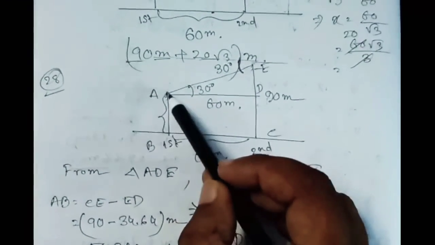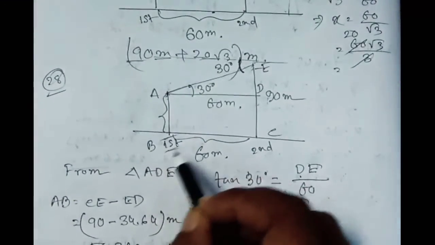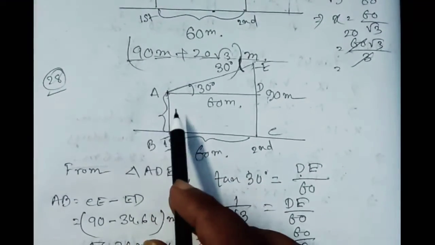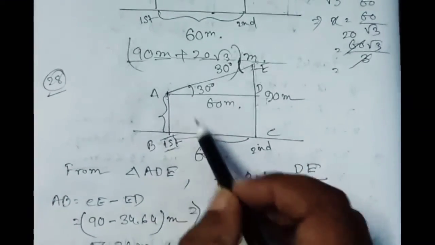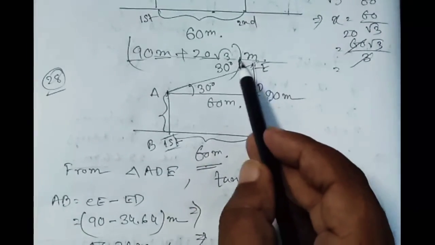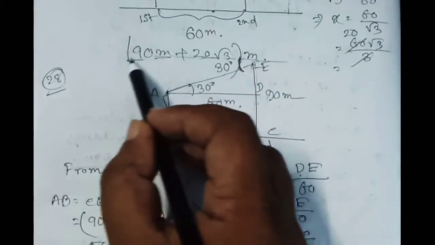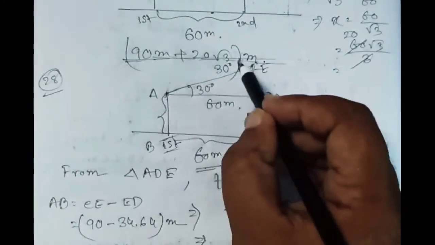Now in question number 28, this is the first tower and this is the second tower, and this will be the image. The horizontal distance between them is 60 meters, and the angle of depression from the second tower to the first tower is 30 degrees.